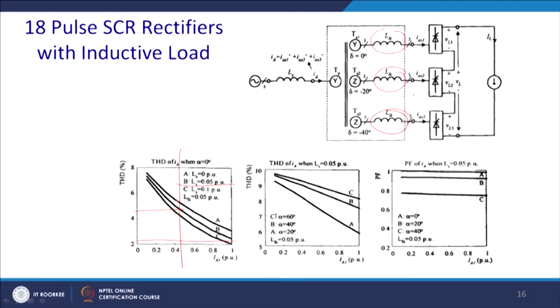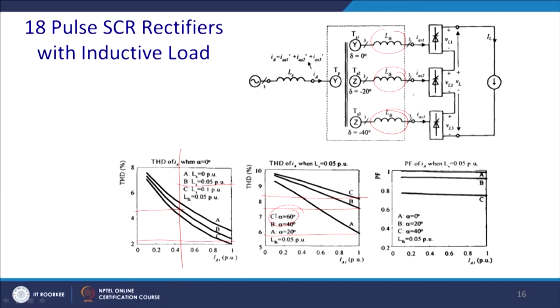The problem in this case is with all these multipulse converters. We require to understand that, but let us close this discussion first. For alpha equal to 60 degree, again this is a C curve, and you get the THD close to 7% for the full load, and if alpha equal to 20 degree, you get around 6%. Because you have a displacement power factor, you get a THD close to 4 to 5%, and the power factor does not change much.